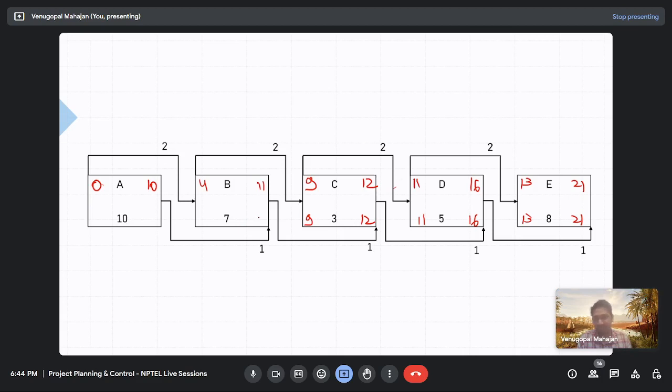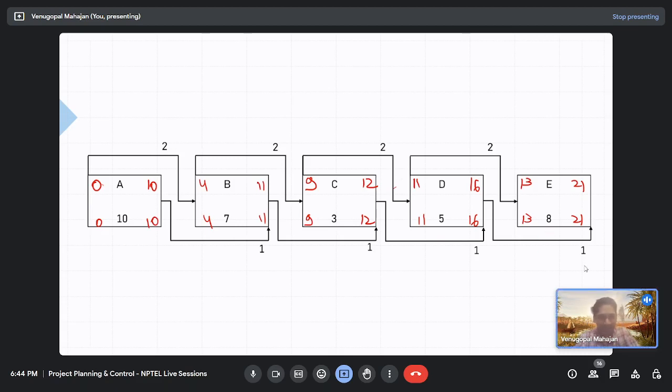It would be more like, sir, linear construction activities. Okay, if you are saying that it is linear, why don't you total the durations for all the activities and see if it is matching this or not? Okay, I am getting these values from you, so I am just writing it down. If you just total it, it would be 10 and 7, 17, 17 and 3, 20, 20 plus 5, 25, 25 and 8, 33.